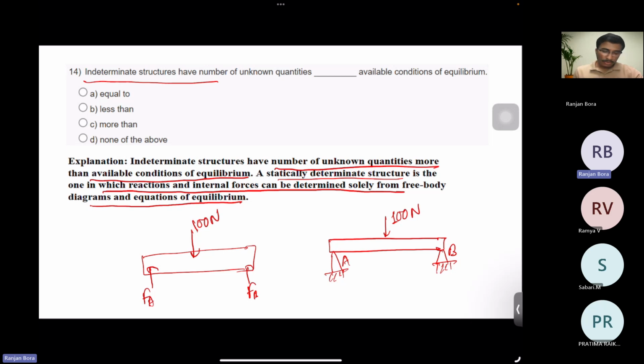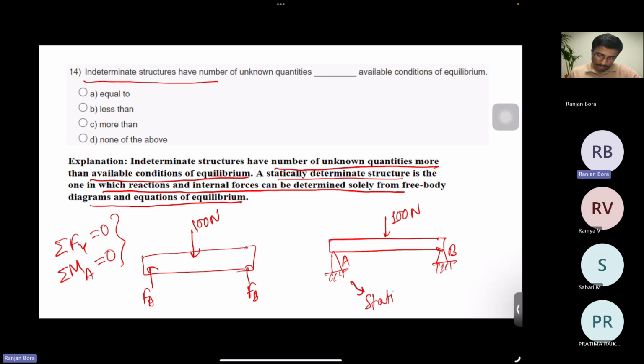And how many equations do we have? We have the equilibrium equations: summation of Fy is 0 and summation of moments about A is 0. If we apply these two equations, then we can find these unknown quantities FA and FB. Here we have two unknown quantities and two equilibrium conditions, so this is a condition of statically determinate.